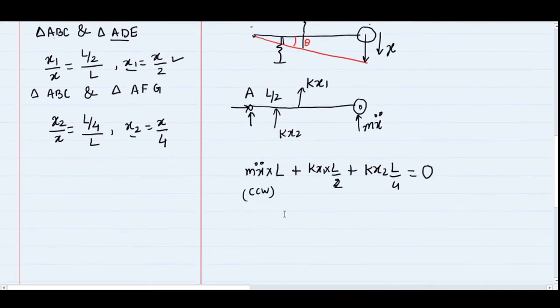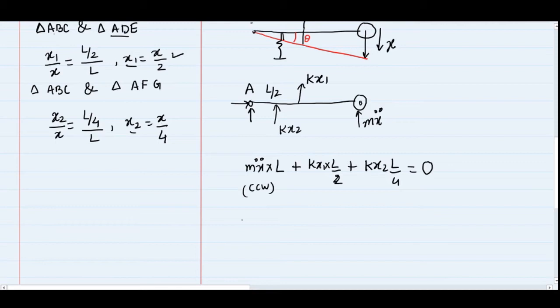When I put x1 and x2 into my equation, it becomes mx double dot plus k into L by 2 multiplied by x by 2 plus k into L by 4 multiplied by x by 4 is equal to 0.